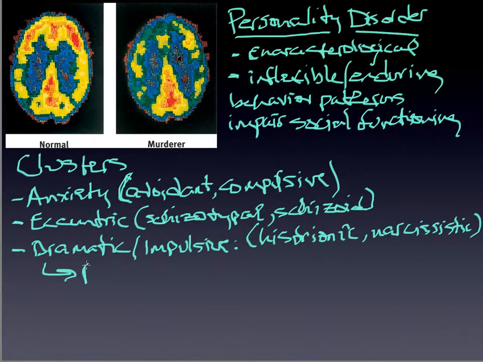But underneath this one is one called borderline personality disorder, which is quite disruptive. Usually you see frequent suicide attempts. You see suicide. You see self-mutilation or cutting.